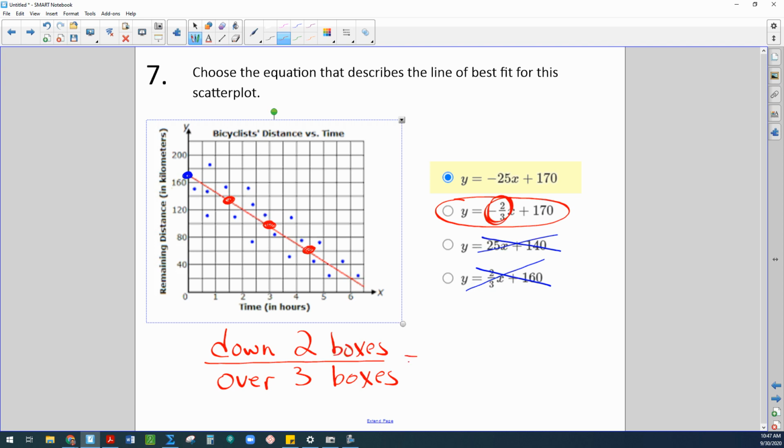If you go down 2 boxes, you're going 40 units. It's going up by 20s, so you're going down 40. If you go over 3 boxes, you're going over 1.5.